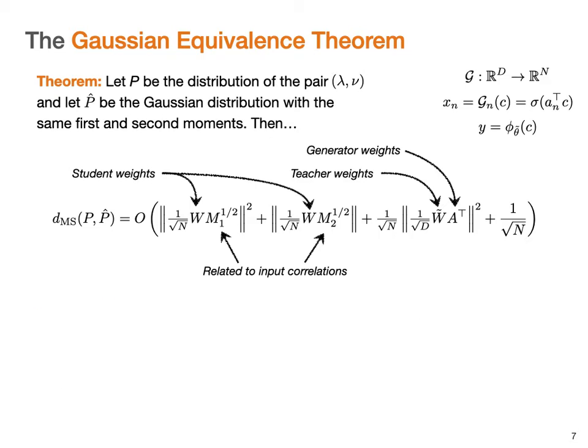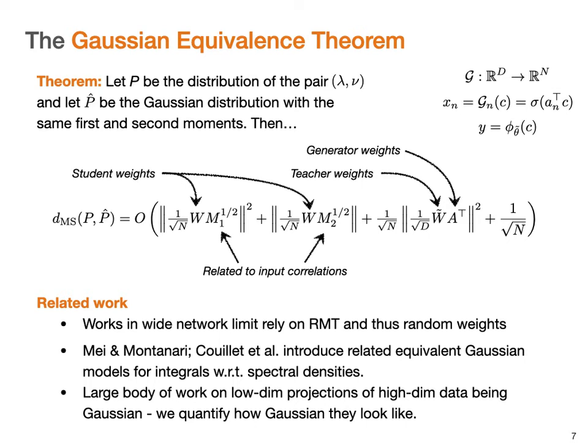And there is quite a bit of related work and quite a bit of interest at the moment in Gaussian equivalence theorems. We discuss related work quite at length in the paper. Here let me just highlight three strands of similar results. One is work on Gaussian approximations in wide network limits. Those rely on random matrix theory and thus on random weights. And so the key difference here is that our result holds for any given weight matrix.